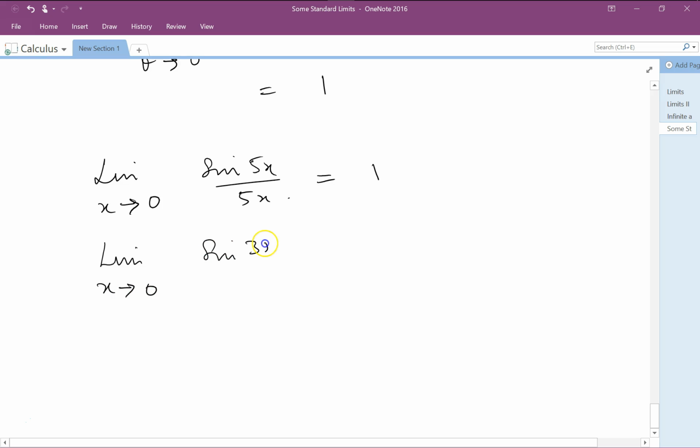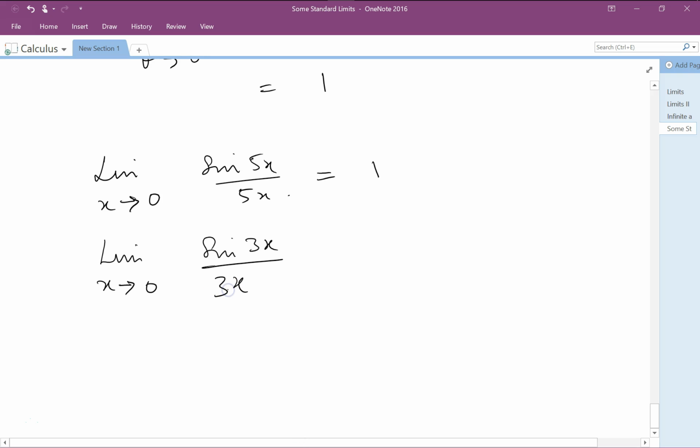Here it's a little bit tricky because it doesn't fit the pattern. In the denominator you want 3x, so put 3x. But if you don't want to change the overall thing, if you are multiplying the denominator by something, you have to multiply the numerator also, so 3. When you take the limit, you end up with 3 times 1, which is 3.